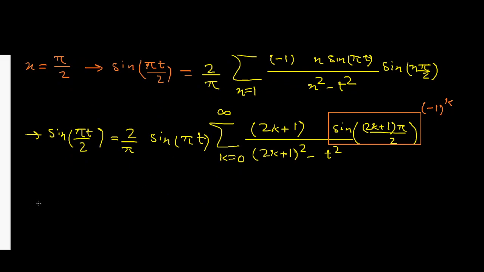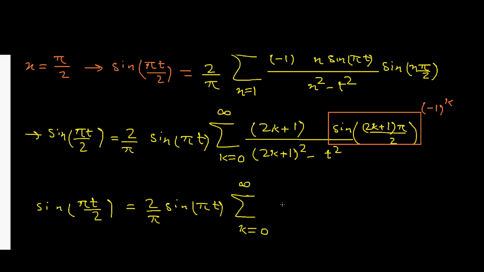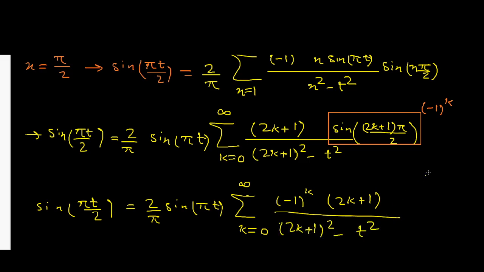So now we have sine of pi t over 2 equals 2 over pi times sine of pi t times the series, k running from 0 to infinity, of negative 1 to the k times 2k plus 1 over 2k plus 1 squared minus t squared.